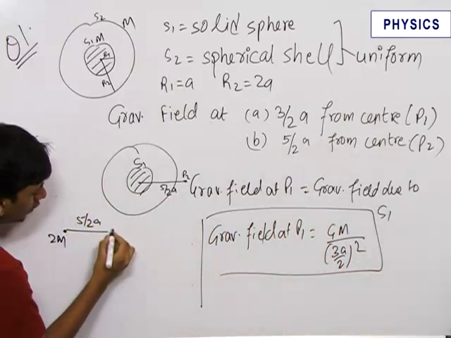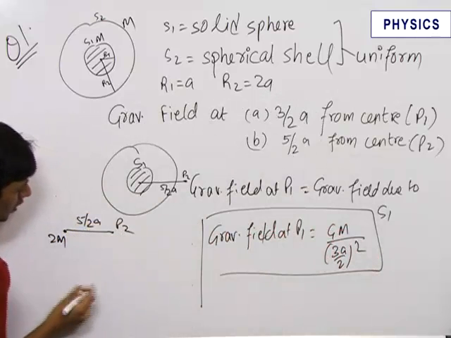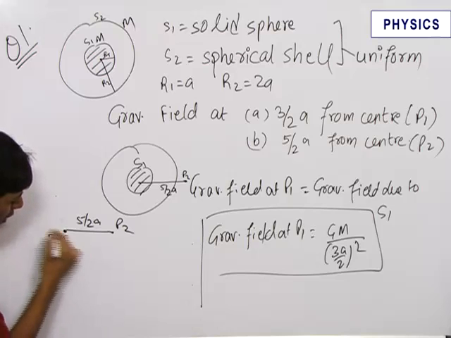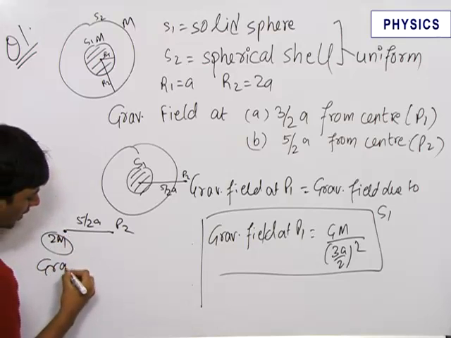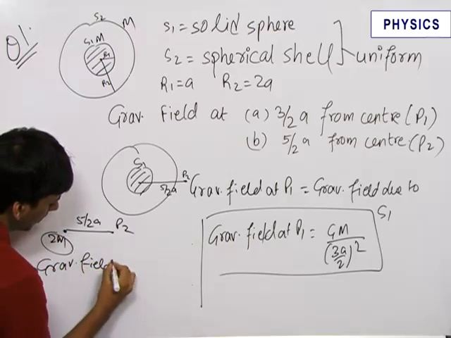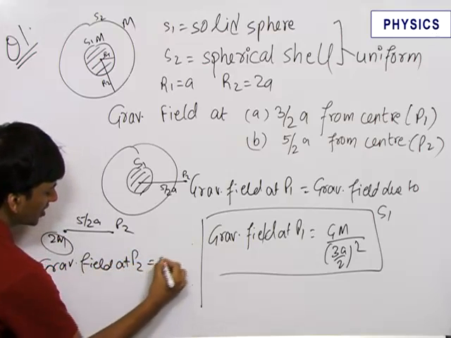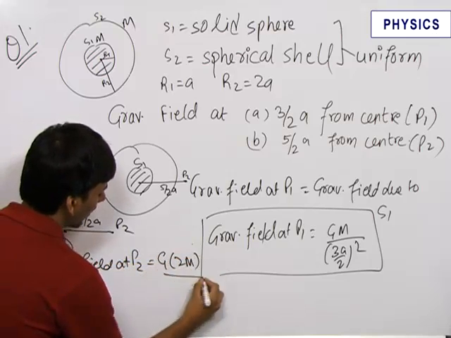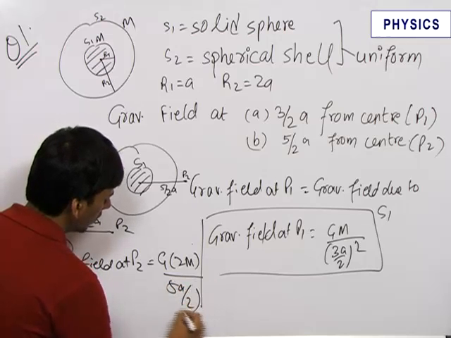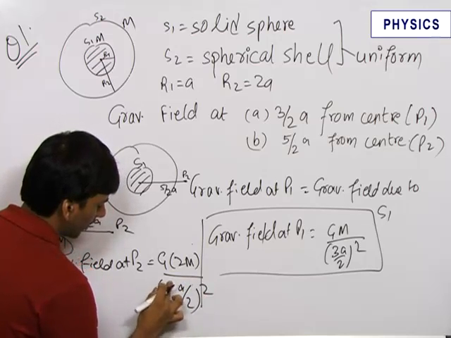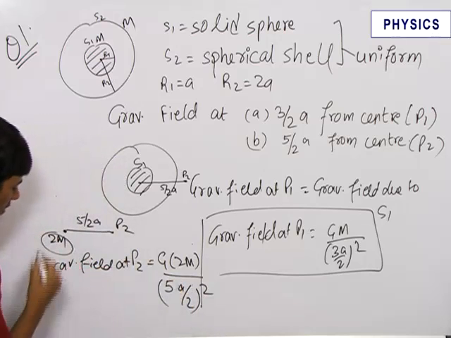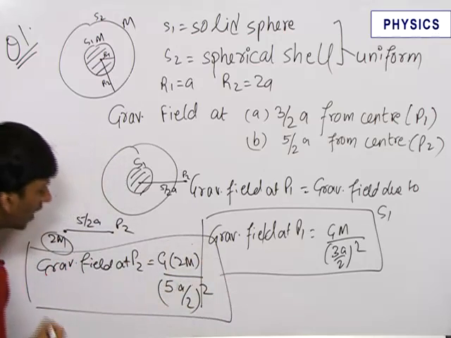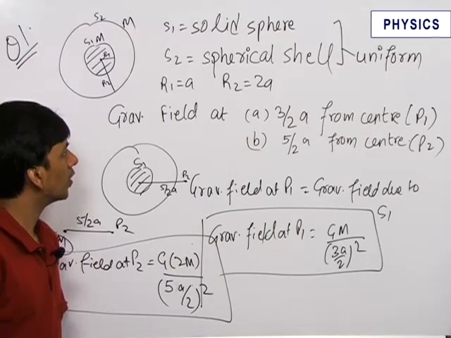We need to find out the gravitational field at P2 due to this point mass 2m. Therefore, the gravitational field at P2 becomes G into 2m upon (5a by 2) whole square. So these two are our final answers for the given question.